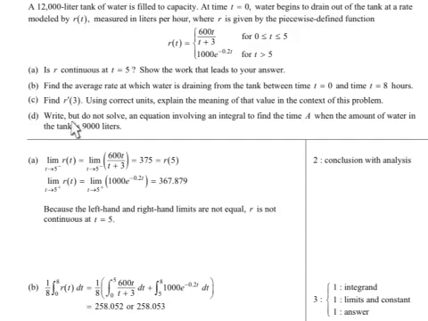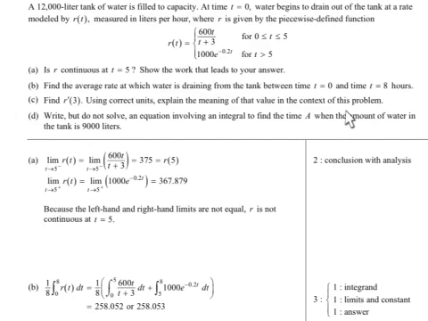The last problem: write, but do not solve, an equation involving the integral to find time A where the amount of water in the tank is 9,000 liters. It started at 12,000, correct? It wants to know at what time A it's going to be 9,000. Isn't this asking for amount of water? See the key words, amount of water.